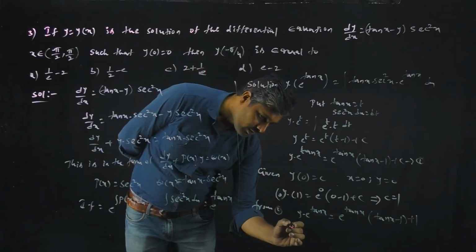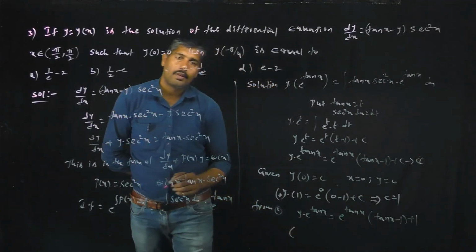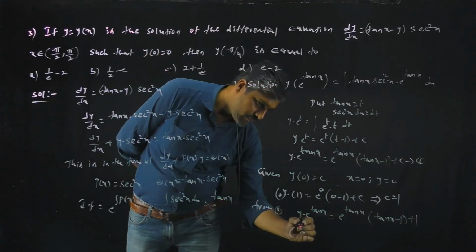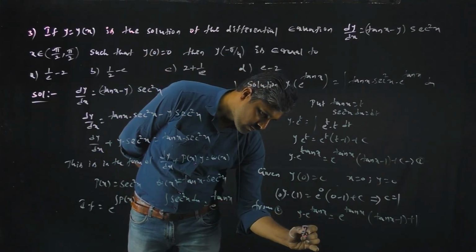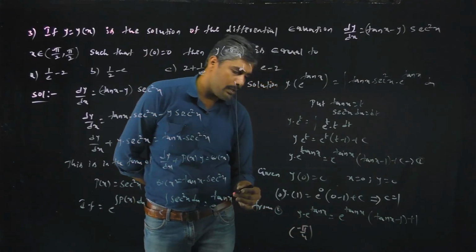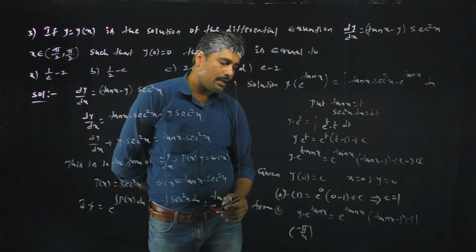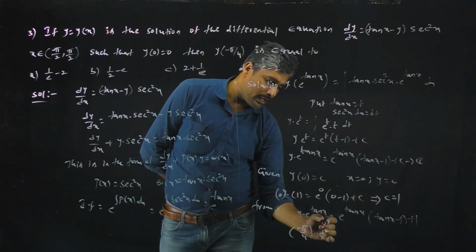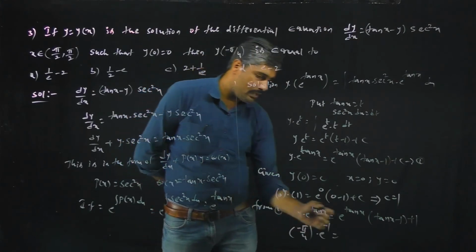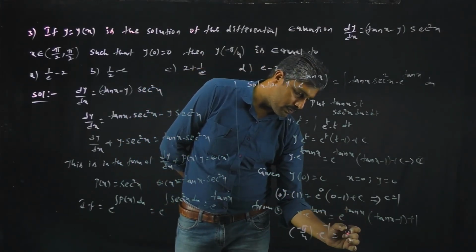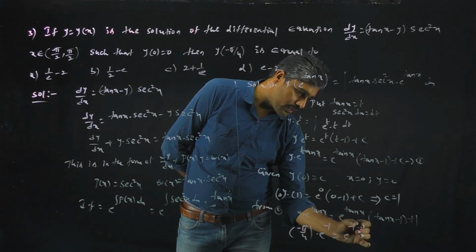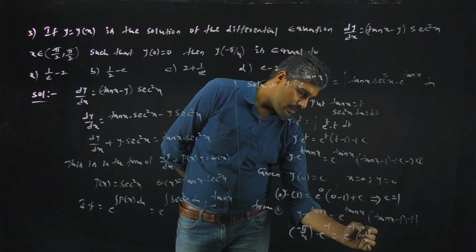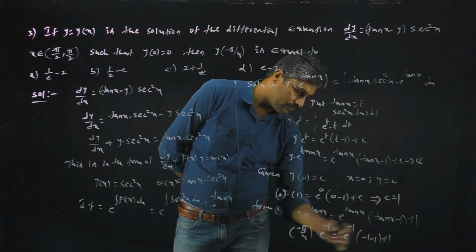Therefore, we take y of minus pi by 4 into e power tan of minus pi by 4, which is e power minus 1, equal to e power minus 1 into (tan minus pi by 4, which is minus 1, minus 1) plus 1.